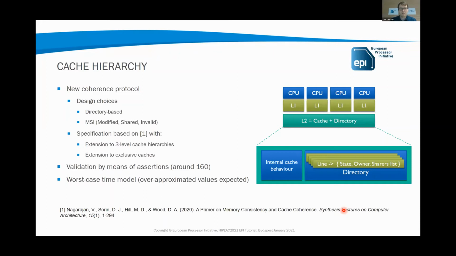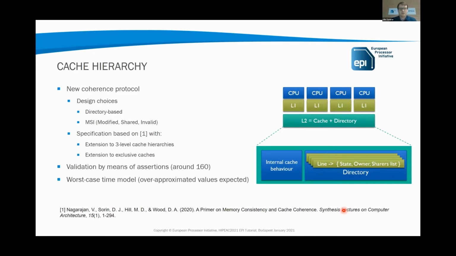So this is not the actual coherence protocol of the EPI, but it is similar in terms of performance, and it will allow VPSim to simulate large-scale systems and see the impact in terms of coherence messages. All this model was validated using assertions, a thorough validation with more than 160 assertions.